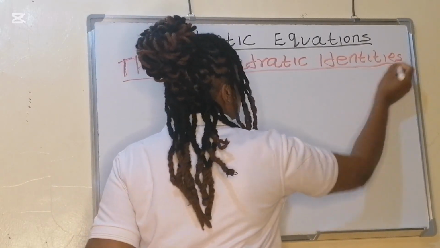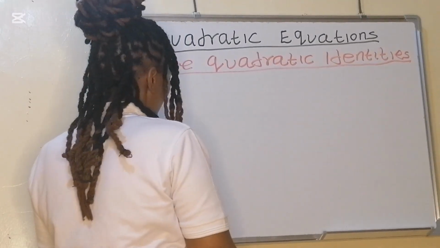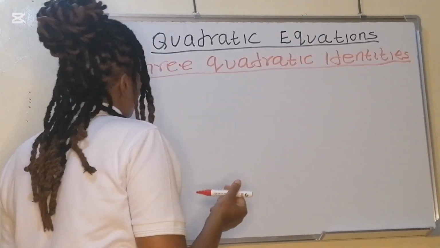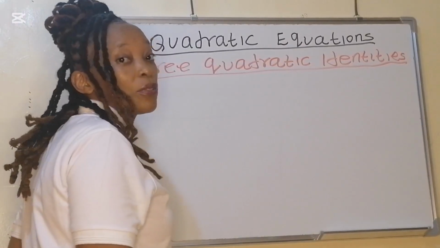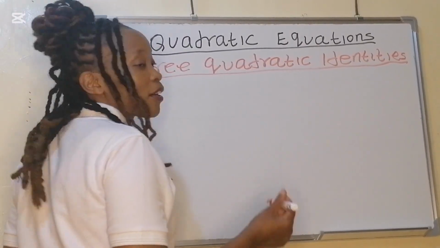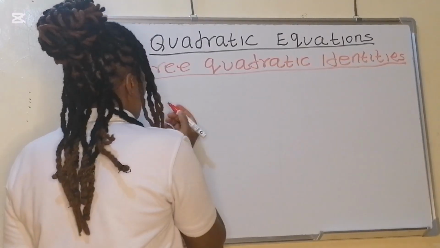You just need to know these three, and even when you want to expand, you will use less than a minute. Some students will even use 10 seconds if they are conversant with these identities.